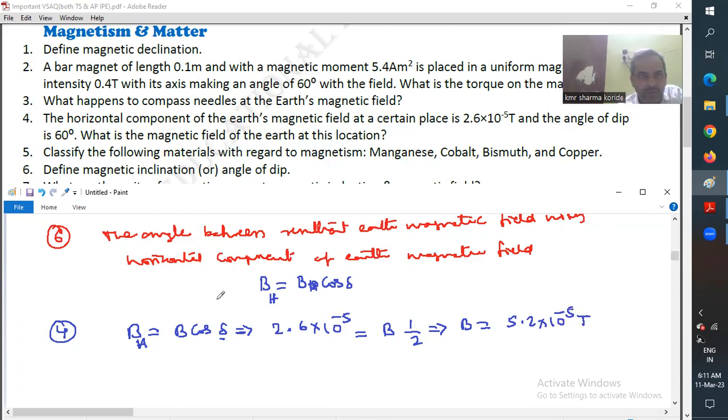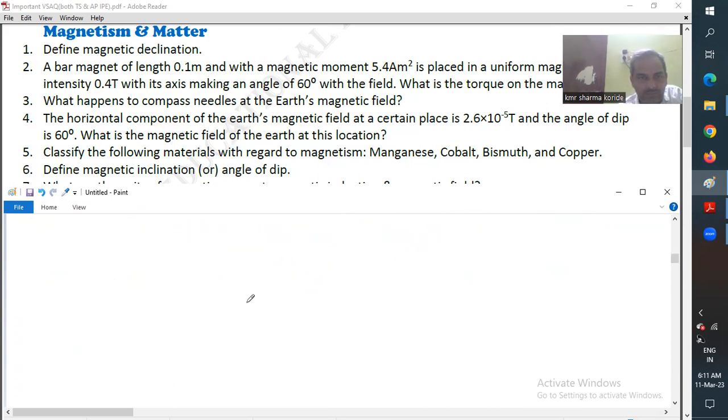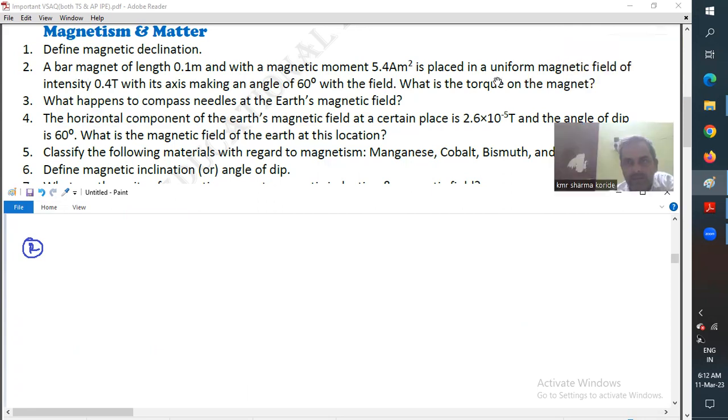Now, moving to the answer for the second question. A bar magnet of magnetic length 0.1 meters with magnetic moment 5.4 ampere meter square is placed in a uniform magnetic field of intensity 0.4 Tesla with its axis making an angle 60 with the field. What is the torque of the magnet? Just get back the formula.